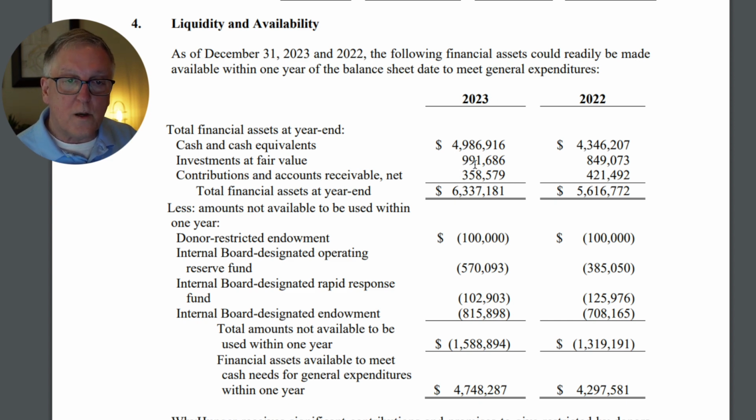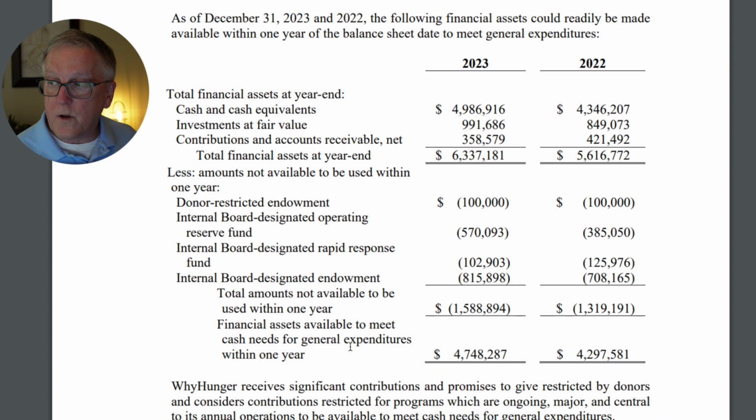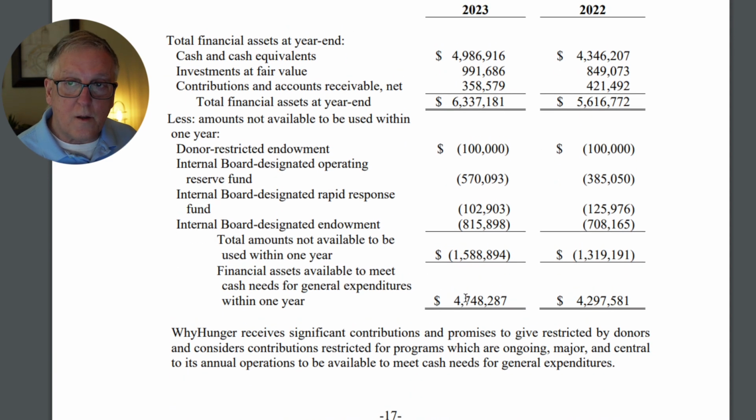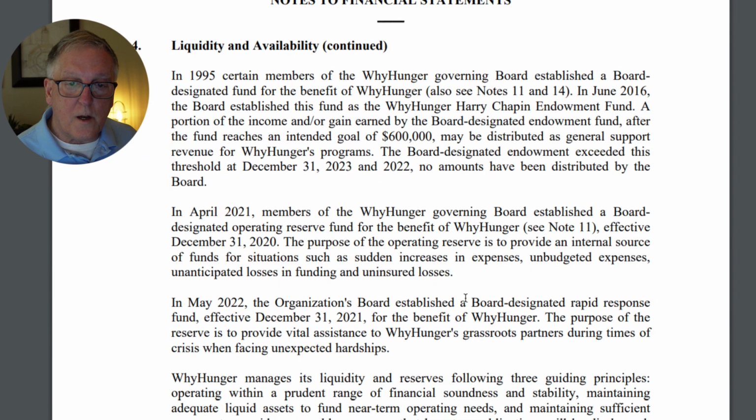So you're going to see the more liquid assets in here, and then there's some reductions here to get you down to the financial assets available to meet general expenses for the next year. Obviously, the larger this number is, the better. So you want to look at that liquidity note.